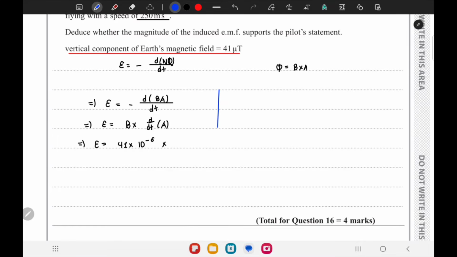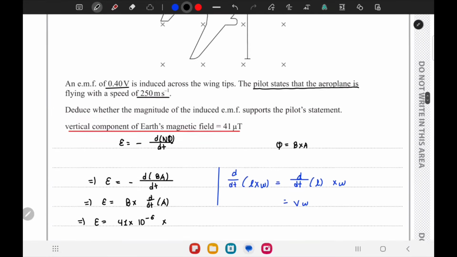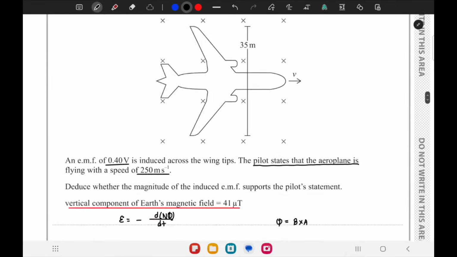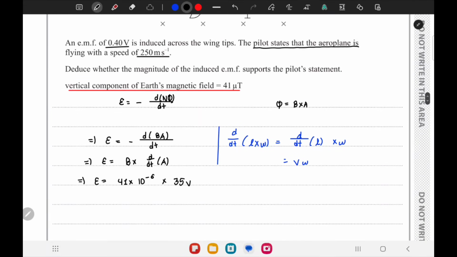We can show further working for that. We can break area down into length times width. The width of the wingtips is fixed, so we'll have d/dt of L times the width of the wingtips. The derivative of the length with respect to time would be the velocity, multiplied with the width of the wingtips. So the width is 35 meters and times v.